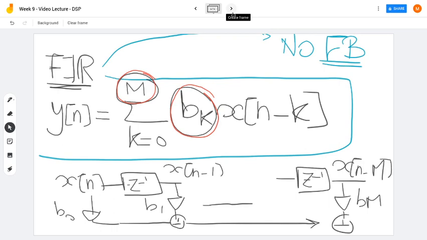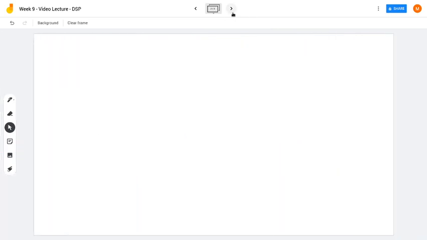So moving on, if we try to find the impulse response of this filter, if you remember, we will simply replace x by a delta. So in order to find the impulse response, it will be the same equation but replacing x by a delta.